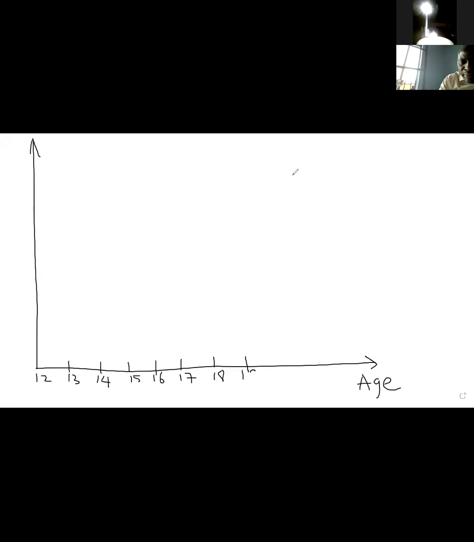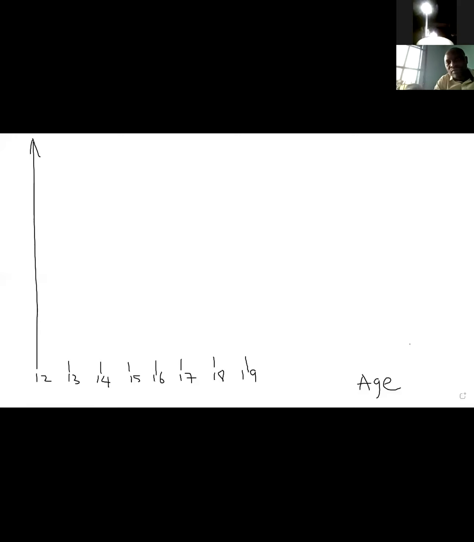Are we there? I could have even stopped my graph somewhere. Could have stopped part of it there. So we have our line.